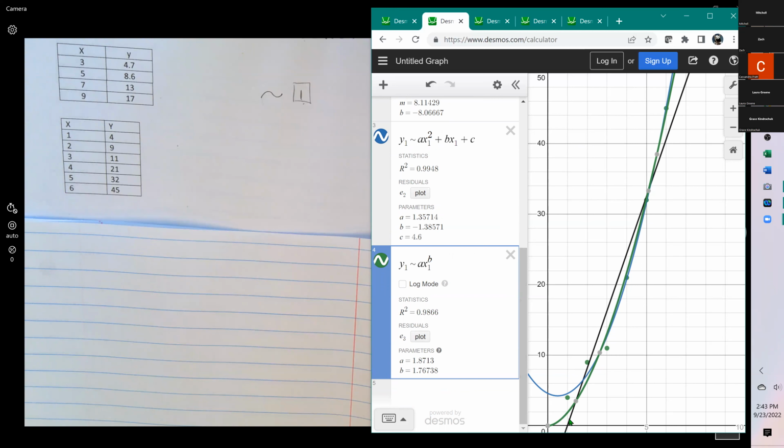So if we look at the green one, it's missing a lot of points where the blue is closer to the points.